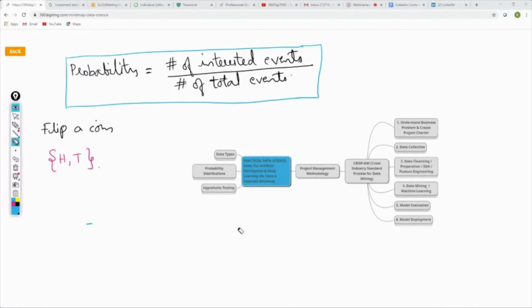Now let us take another example of rolling a die. Say I roll a die. You are all aware of a die basically, right? Let me quickly show you that here.